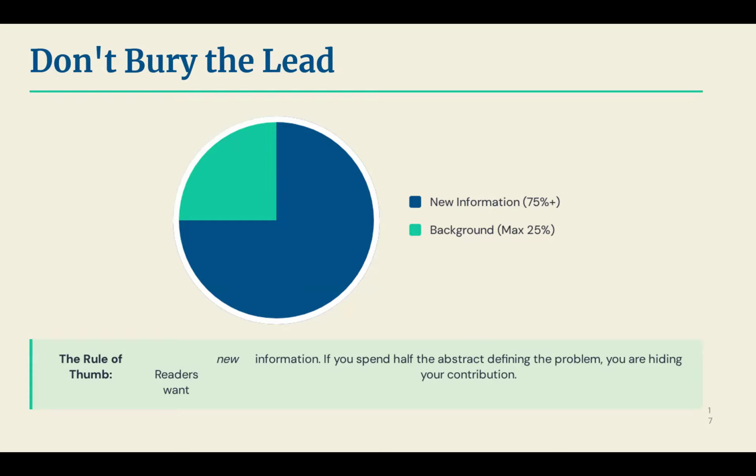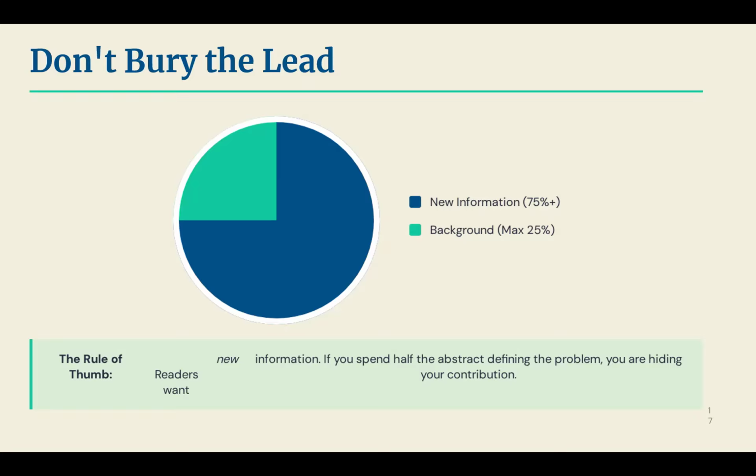So in your abstract, new information should be contributing nearly 75% plus, and background should be among the 25% left, which does not mean that you should go without a background.